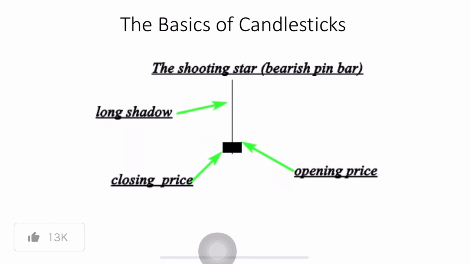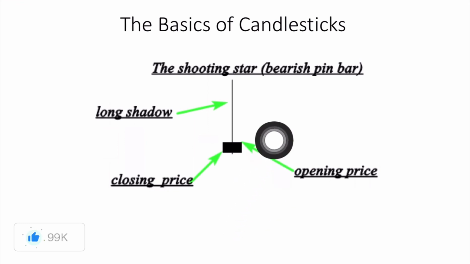So our next candle is called a shooting star, or a bearish pin bar. This is it, a shooting star. It is formed when the open, low and close are roughly the same price. So literally the explanation for the hammer is just the same as this one. It's just the opposite.